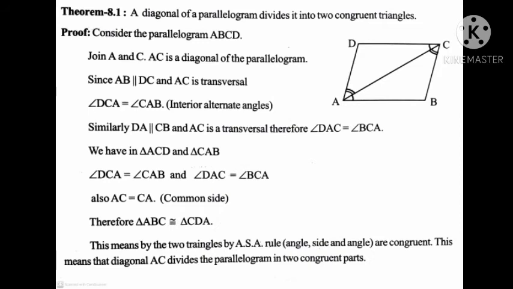We have in triangle ACD and triangle CAB, angle DCA equal to angle CAB and angle DAC equal to angle BCA, and also AC equal to AC. It is a common side of both triangles. Therefore, triangle ABC is congruent to triangle CDA according to the ASA congruency rule. So from this theorem, we learn the diagonal AC divides the parallelogram into two congruent triangles.